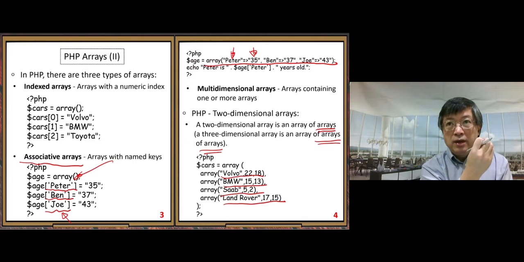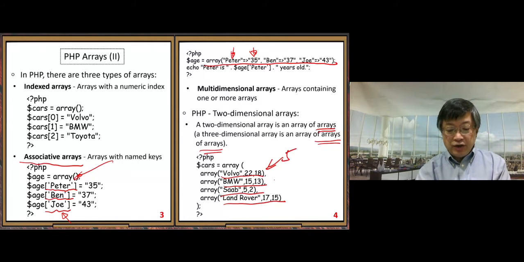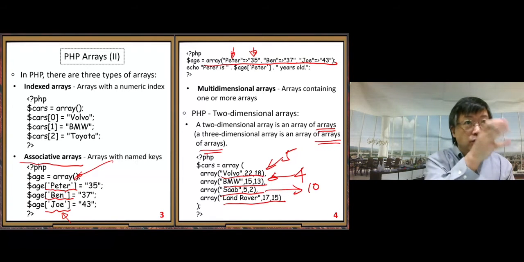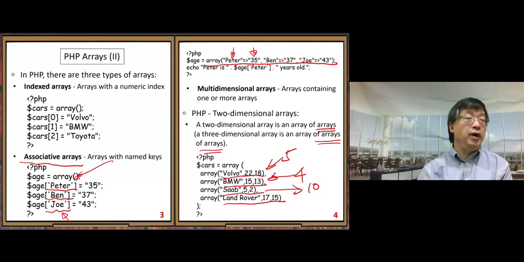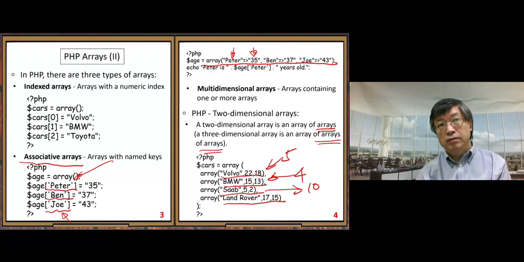Does PHP require that? The answer is no. So we can put 5 elements in the first array, 4 elements in the second array, 10 elements in another. We have freedom to use a different number of elements in each internal individual array. We do not require the same number of elements in each one. But in this example, we cannot see that.